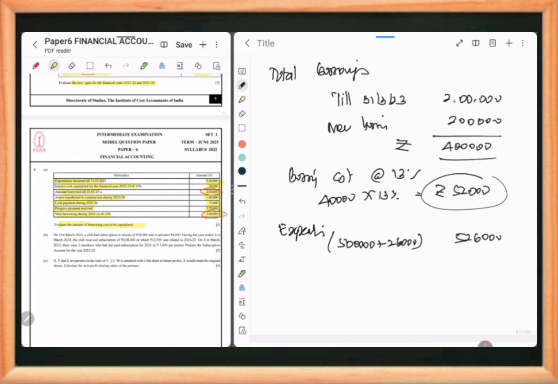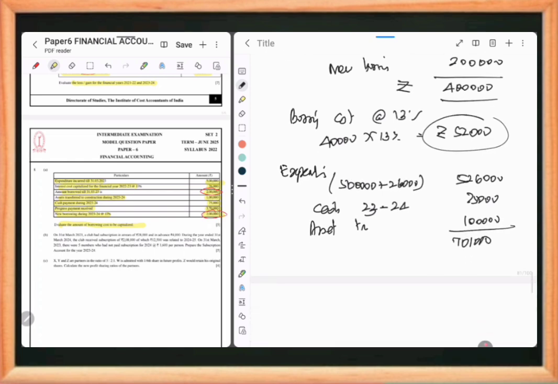And then cash payment during the year 23-24 is 75,000. And then the asset transferred during the period is 1 lakh. So the total expenditure will be 5,26,000 plus 75,000 plus 1 lakh, that is 7,01,000 rupees.